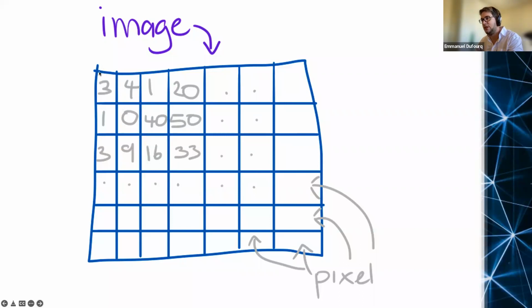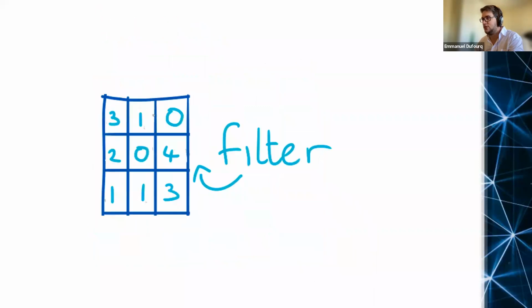This is the top left corner of the image, and here are some values between 0 and 255. I didn't fill everything in, but you can just imagine that it's all filled in with pixel values. So how it works is you would have a filter, and the filter contains the weights. So here's a 3x3 filter.